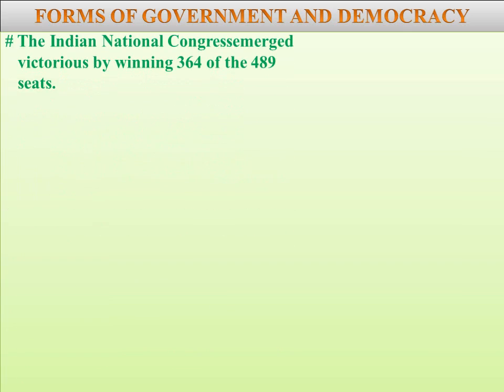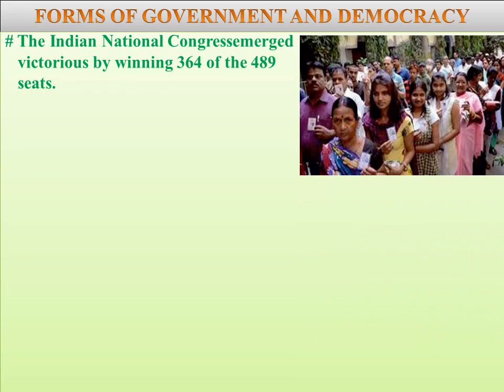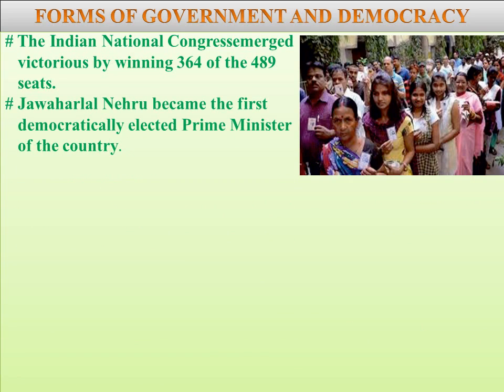Jawaharlal Nehru became the first democratically elected Prime Minister of the country. Do you know? General elections were held in British India in 1920 to elect members of the Imperial Legislative Council and the provincial councils. They were the first elections in the country's history.